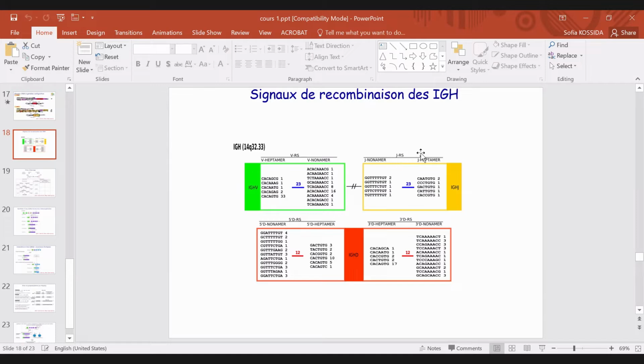This is the JRS, the joining recombination signal, and this is the 5' diversity recombination signal, and this is the 3' diversity recombination signal. I have a question for you. Why do you think there is only one recombination signal for the variable and the joining genes, whereas there are two recombination signals for the diversity genes?